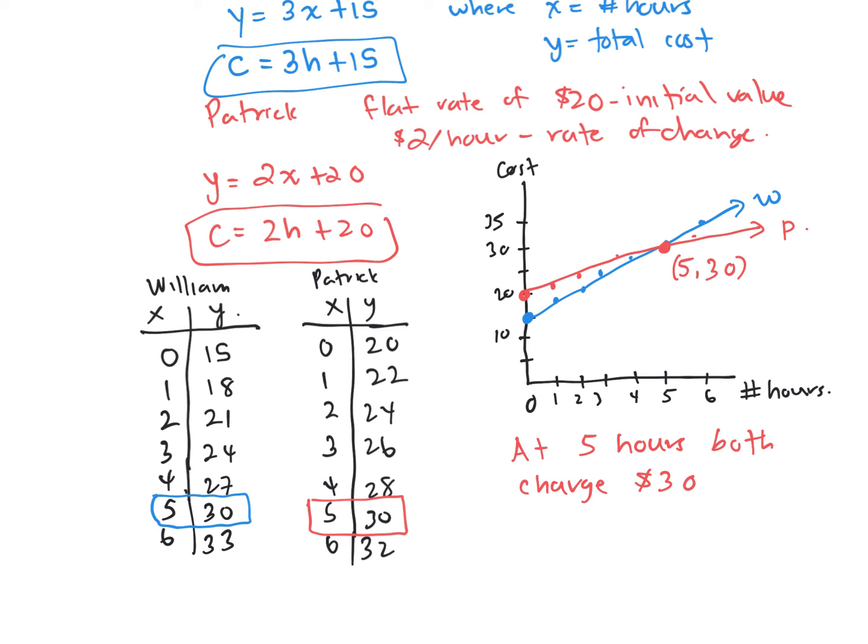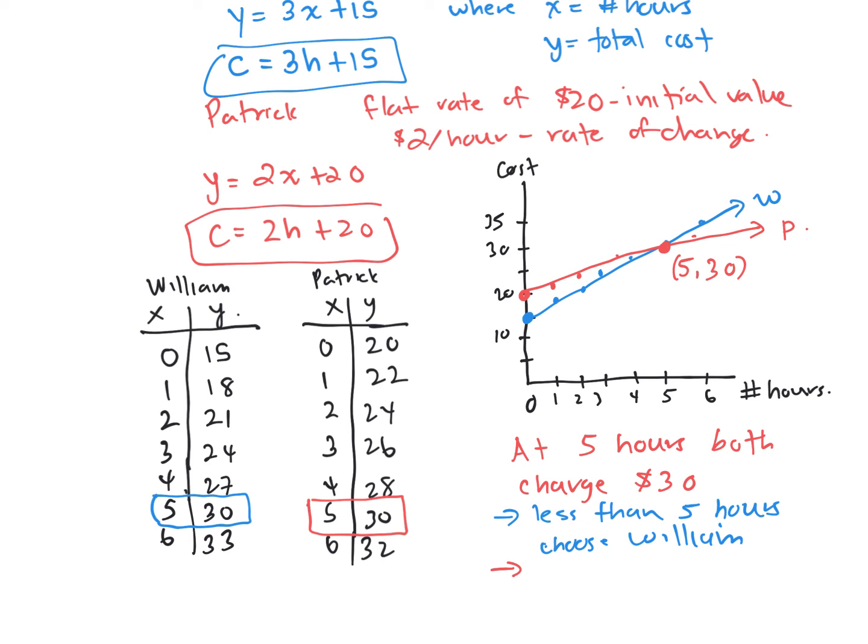So who is better when? Well, the lower line is the cheaper cost. And so before 5 hours, if I need tutoring for less than 5 hours, I would choose the blue line, which is William, because he is the lower cost.